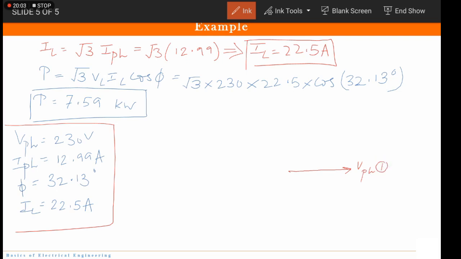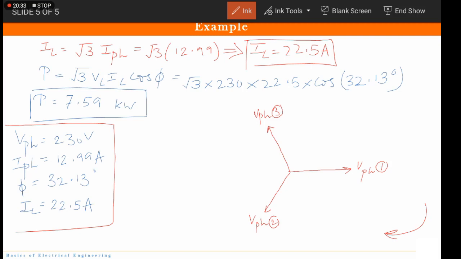Now I know that all other voltages are 120 degrees out of phase with this, correct? So this is 120 degrees and somewhere here is again 120 degrees, and it moves in anticlockwise direction. So this is phase voltage 2 and this is phase voltage 3. Fine. So we have represented it.